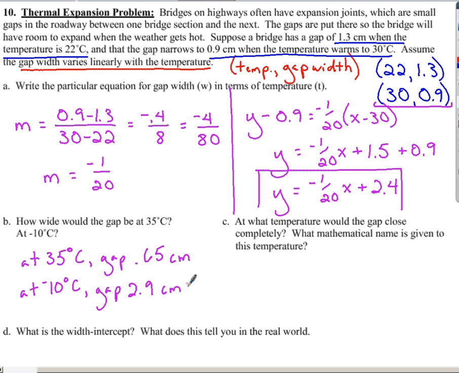Okay, for part C, an interesting engineering type question here. At what temperature would the gap close completely? What mathematical name is given to this temperature? Let's worry about the first part with the question. At what temperature would the gap close completely? How do I need to set up my equation?